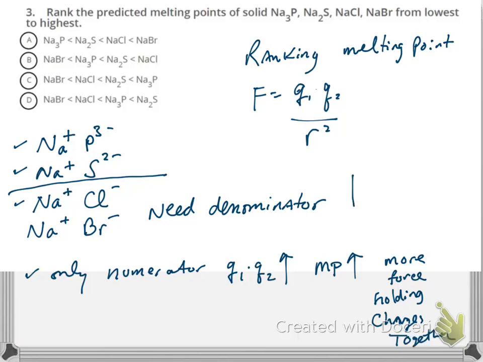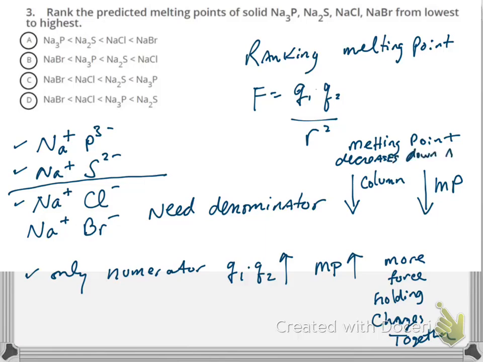And if we have to use the denominator, then as we go down a column, the melting point goes down because the ions get bigger, and the bigger radius is in the denominator, so force goes down. So the melting point will always decrease as you go down a column. So that makes the top pick the one with the highest charges.